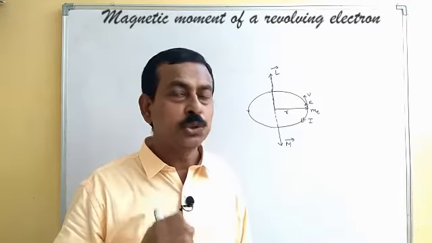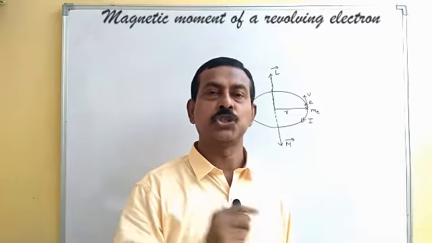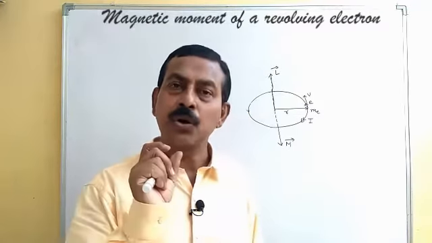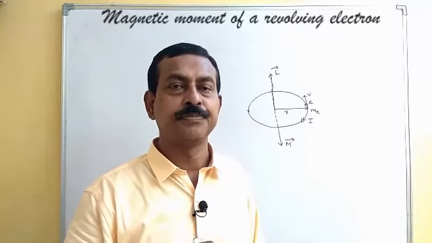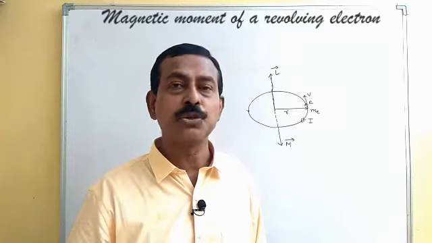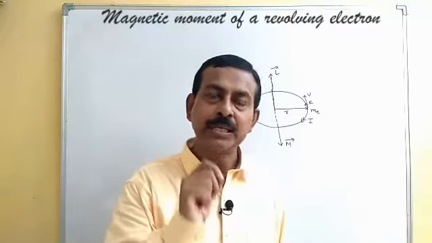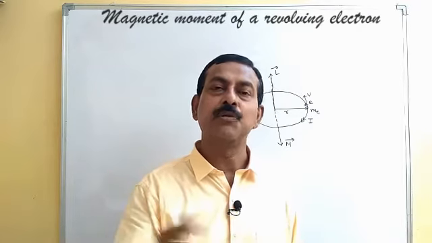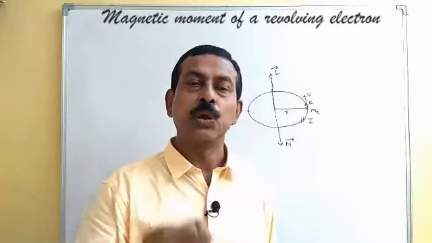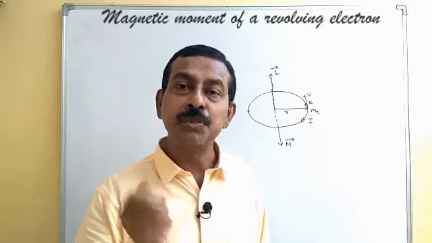As you know, apart from the orbital motion of the electron in an atom, the electron also has a spinning motion. So there is a magnetic moment associated with that also. Suppose we take the magnetic moment associated with the revolving electron, that means due to its orbital motion. It will also have a magnetic moment associated with its spinning motion.